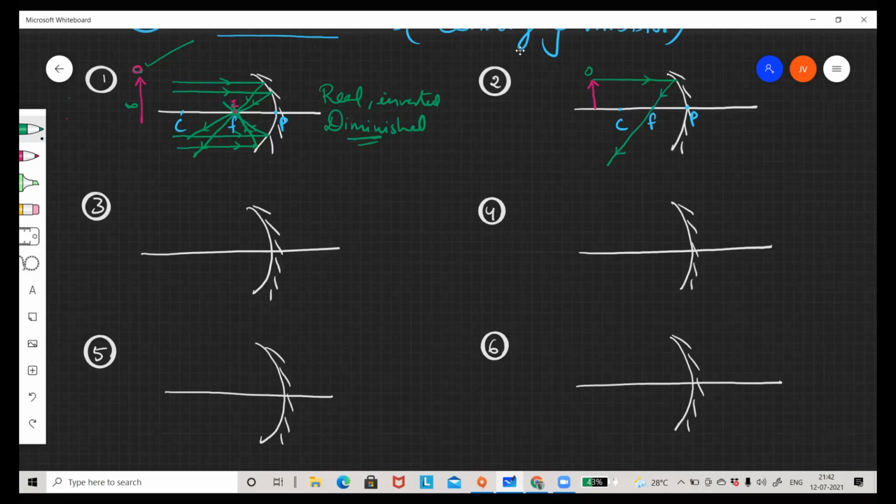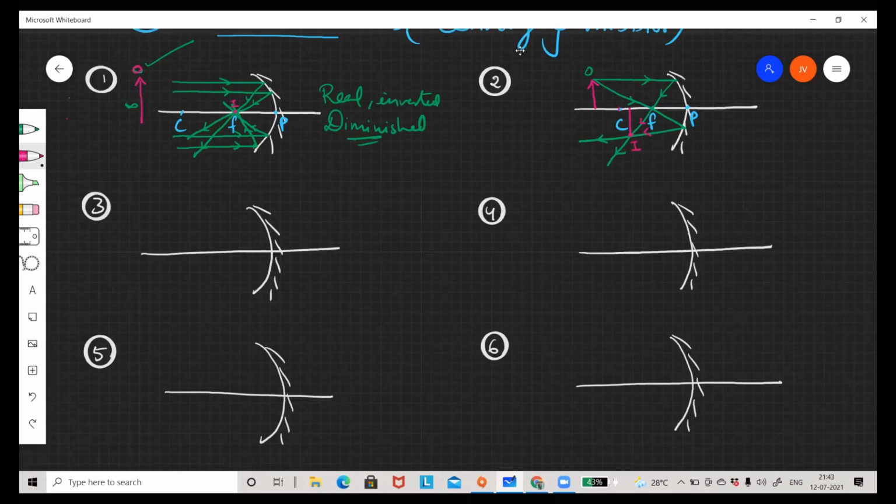Next rule: if a ray of light is incident through F, after reflection, it should go parallel to principal axis. Second rule. Now what happens? The point where the reflected light rays have intersected, that point is the location of the image. From this point, you drop a perpendicular on the principal axis, and this becomes the image of the object.